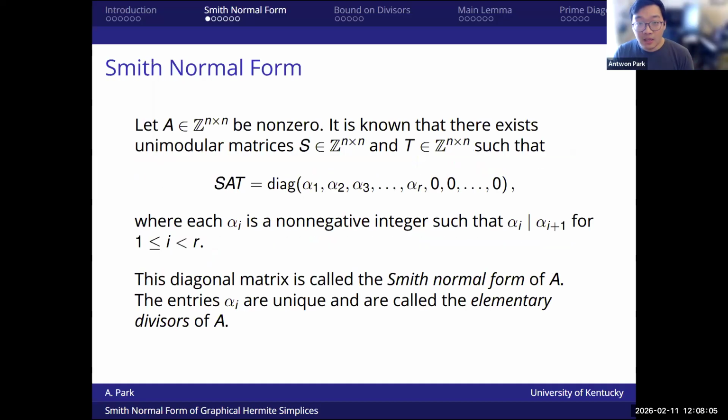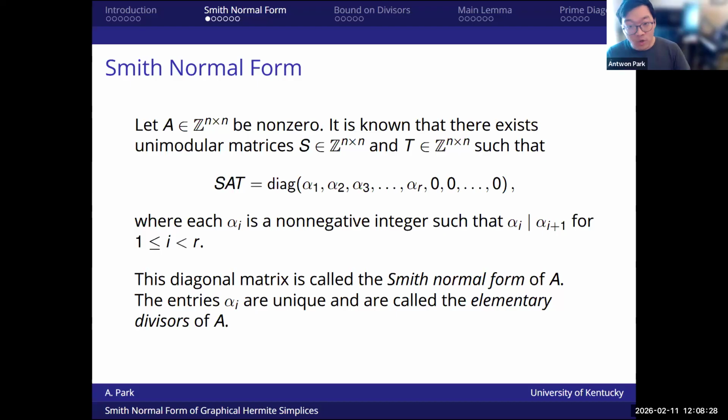So let's start out by talking about what Smith normal form is. If you have a matrix A, there is a way to multiply A on the left and right by unimodular matrices. Unimodular means that their determinant is 1 or -1. It's like area preserving.